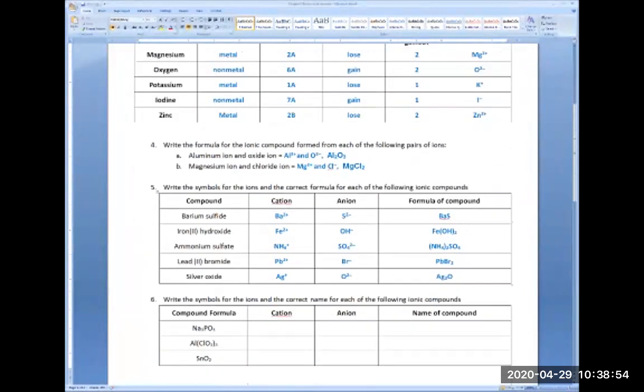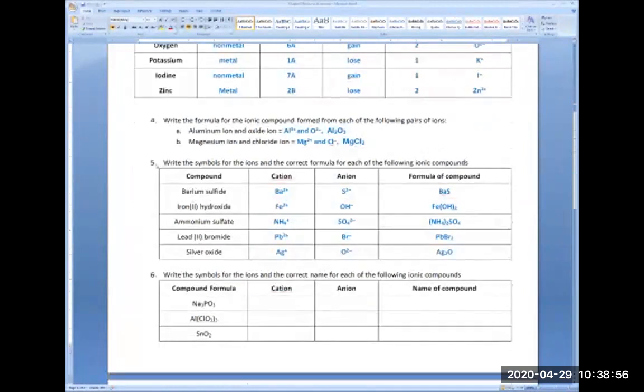And so we practiced putting ions together to make ionic compounds. And we use the crisscross trick, unless you see already, for example with Ba2+ and S2-, that one of each ion is enough to make a neutral formula. And so then you just write the formula by putting the two ion symbols next to each other.